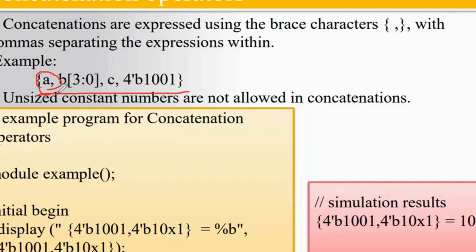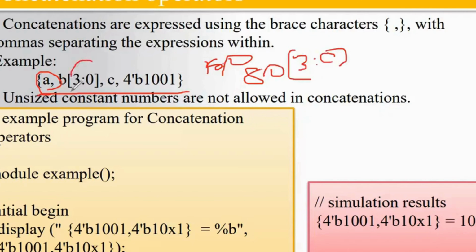If we declare it with a 1-bit size or a 4-bit size, automatically all the values of a will be taken, comma b of 3 down to 0. Whatever the size you have taken for b, suppose 15 down to 0, or 8 down to 0, or 3 down to 0, particularly the 3 down to 0 bits will be assigned, comma c. C is also the same, whatever the value is in c will be assigned, comma 4-bit 1001. These things will be assigned.